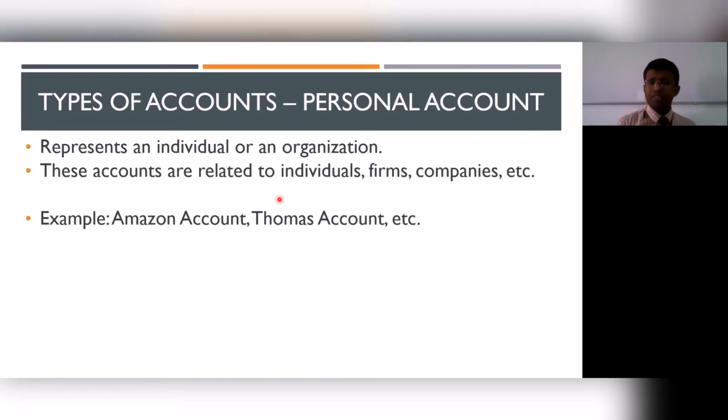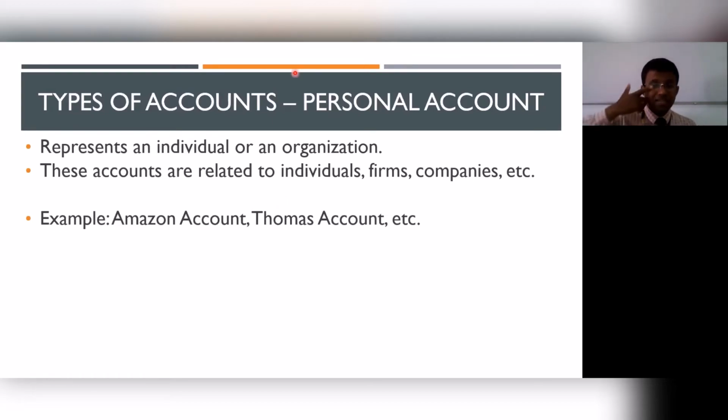So some examples are, Amazon account, Thomas account. Okay, Amazon, it is a company. So Amazon account means it is representing the account of Amazon. Thomas account, so it is representing now the account of the person called as Thomas. So that is a personal account. Another example, Kristu Jayanti account.